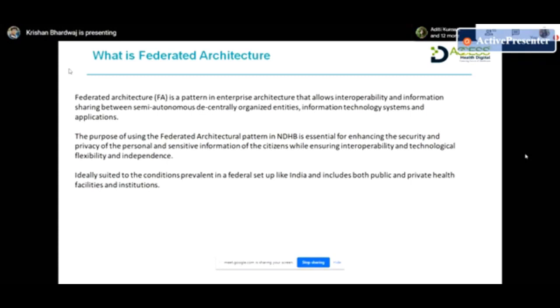One more thing I want to mention is that federated architecture is a little different from decentralized architecture. One basic difference is that there can be multiple levels of exchanges of data. It is not one single exchange uniting all the data sources together; it can be an exchange of exchanges, like the internet, for example.